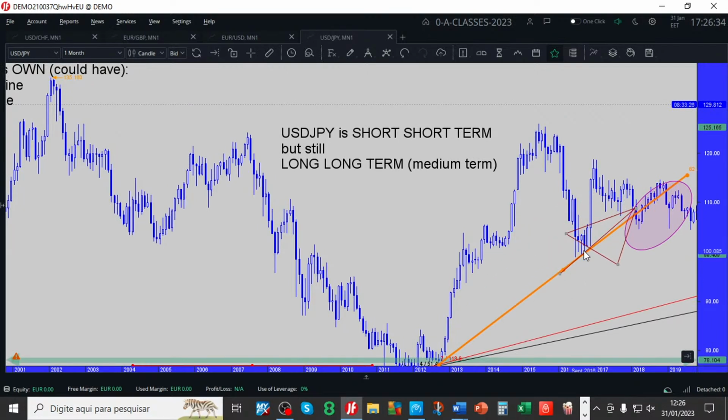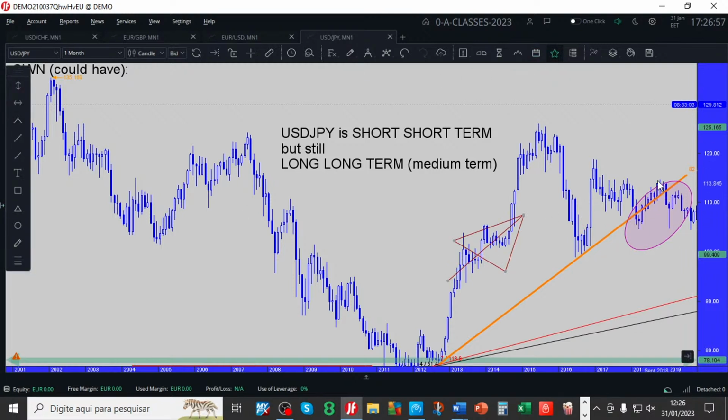And now the market, and this was a real example back in time, broke the short-term uptrend line. This means that short-term, this market could gravitate down. And as a matter of fact, it did, right?